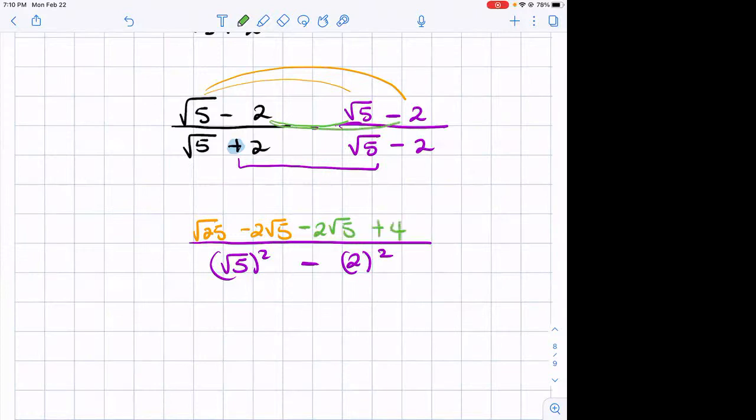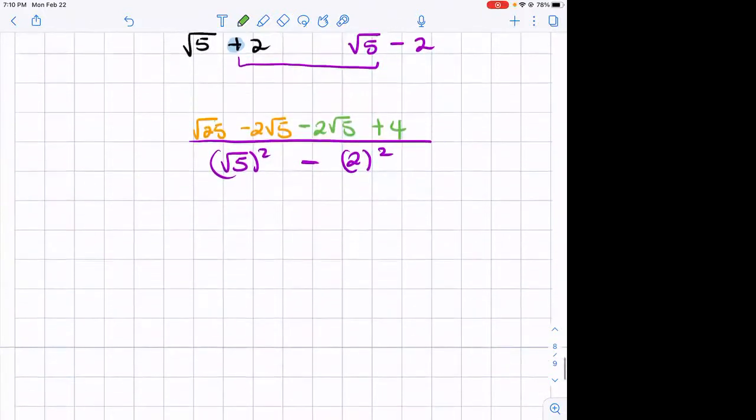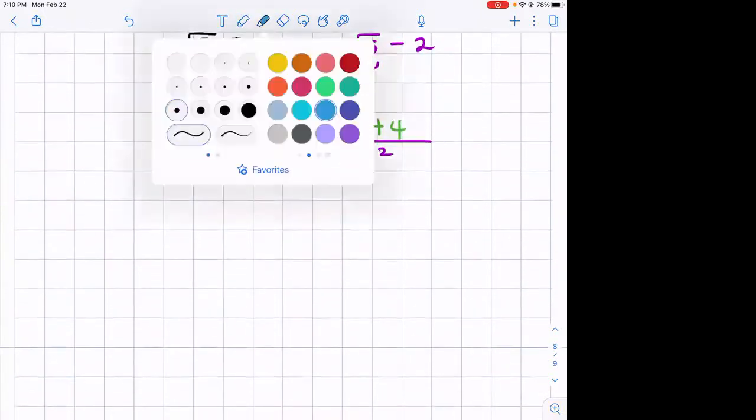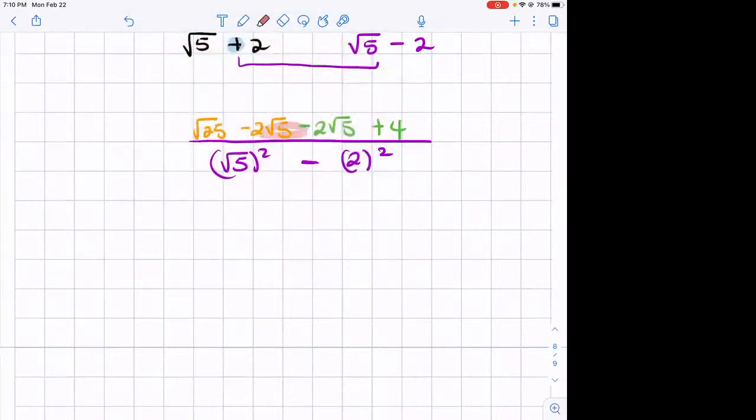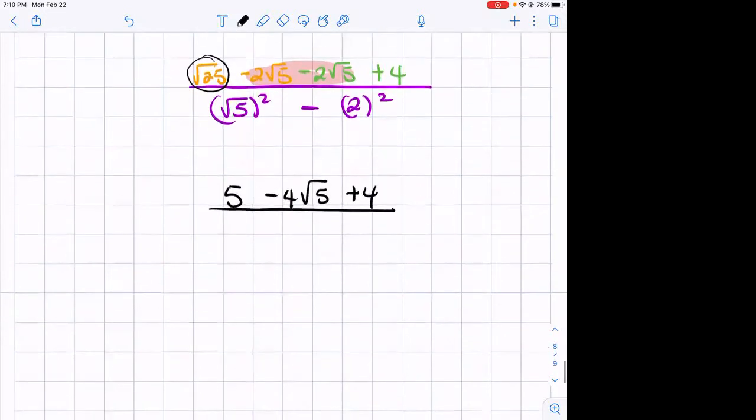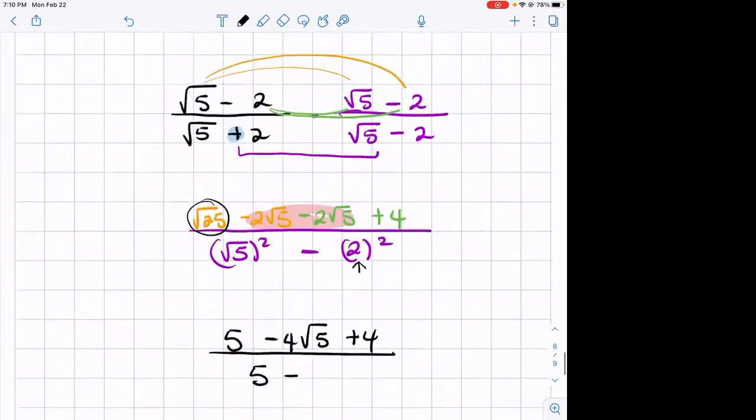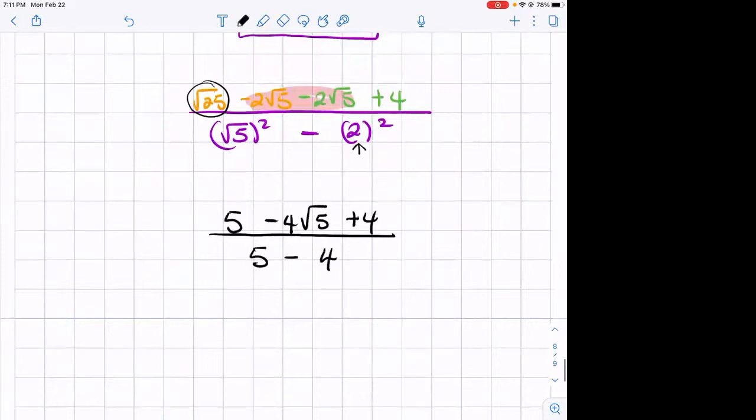Okay. Notice that your two middle terms are like terms. And the root of 25 is 5, so this becomes 5 minus 4 root 5 plus 4. And in the bottom, root 5 squared is 5, and 2 squared is 4.